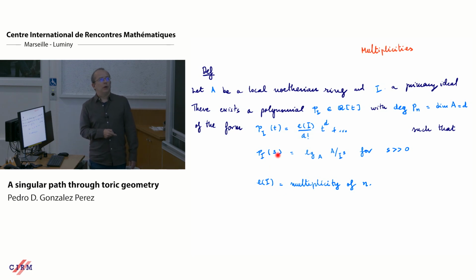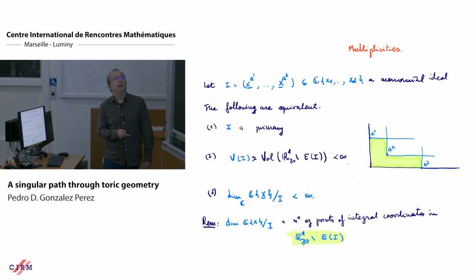And the normalized principal coefficient of this polynomial is the multiplicity of the ideal I.